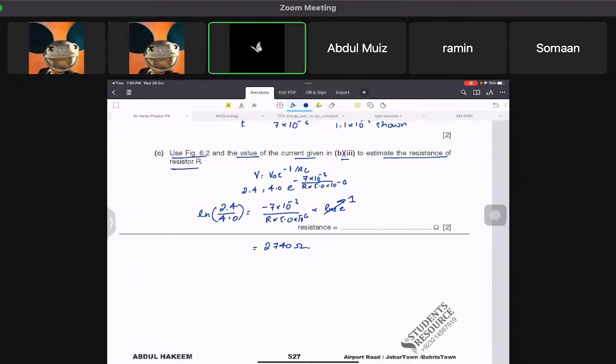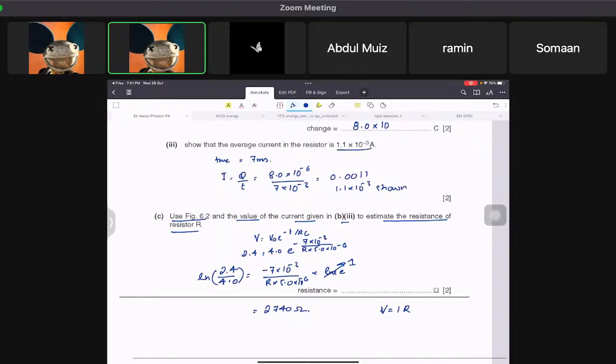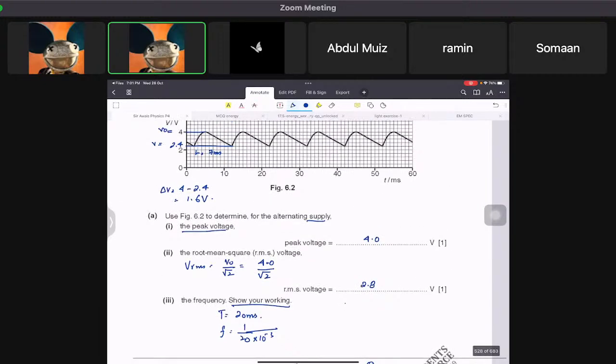Yes, sir. So we can use the value of current. We can do that too if you want to. You can use the value of current as well. V is equal to IR. It might give you a little bit different answer, but that's fine. What you can do is say, okay, fine, I'm going to take the average voltage. Average voltage is basically what you do: 4 is here, 2.4 is here.